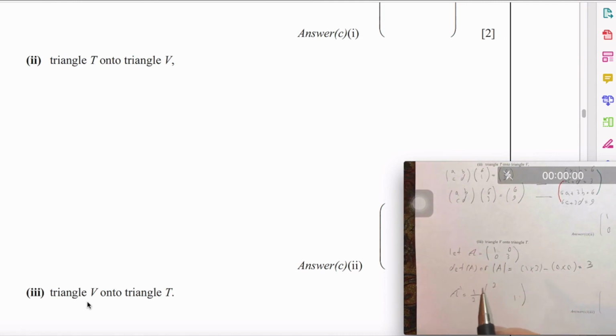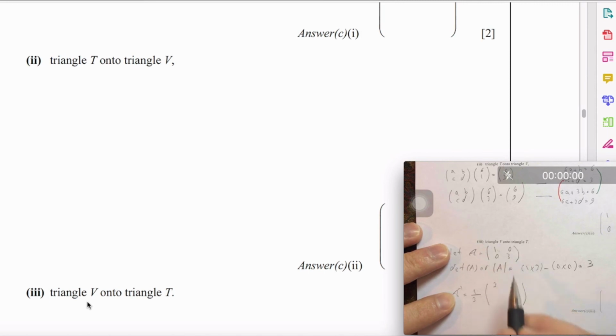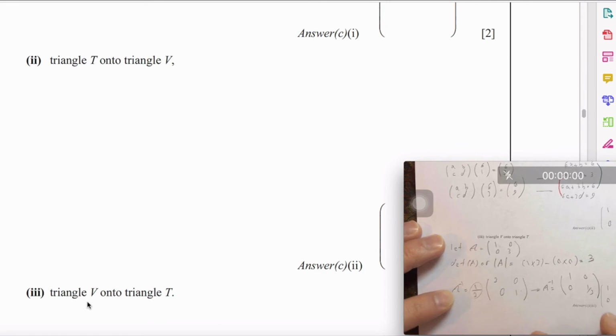If they are negative, they become positive. They are 0, 0. So when you multiply by the negative, it will remain 0. This constant number is multiplied by all the elements. So 1 over 3 times 3 will be 1, the rest 0, and 1 over 3. So the answer will be 1, 0, 0, 1 over 3.